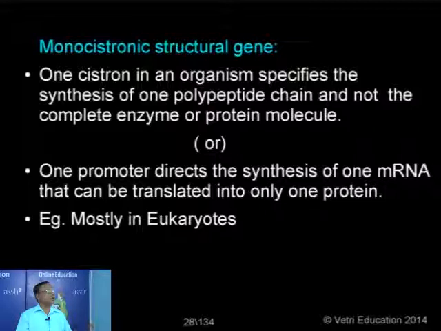That is very common in the case of eukaryotic genes. The example for monocistronic structural gene is eukaryotic genes. So the gene transcribes one mRNA, and that mRNA can be translated to form only one protein. It is very common in the case of eukaryotes.